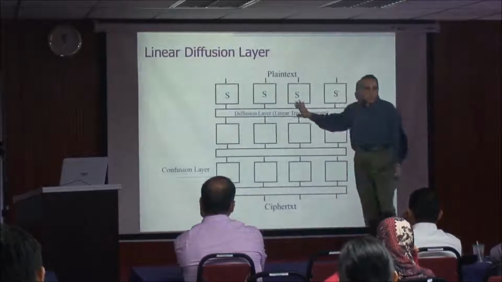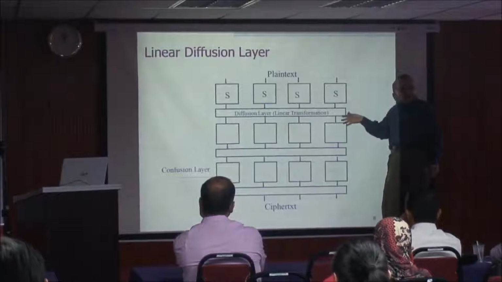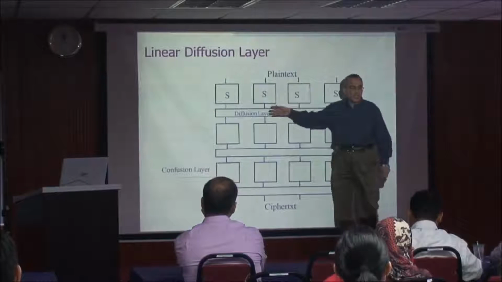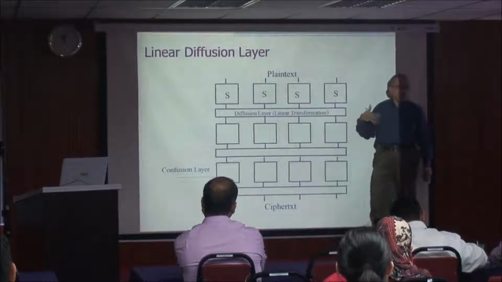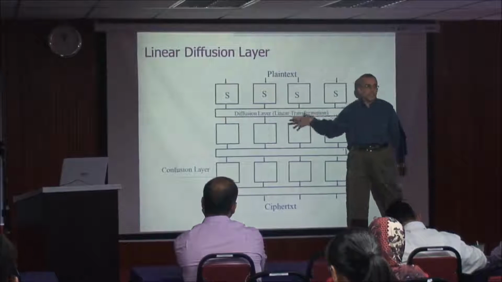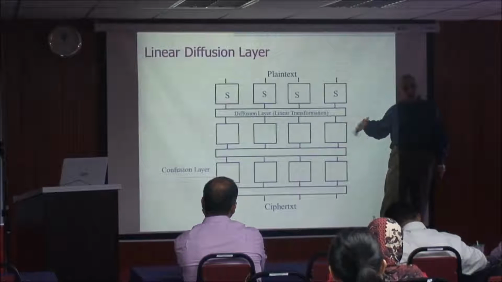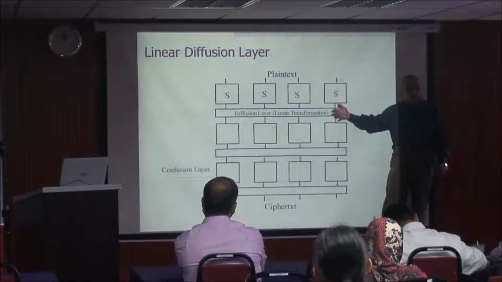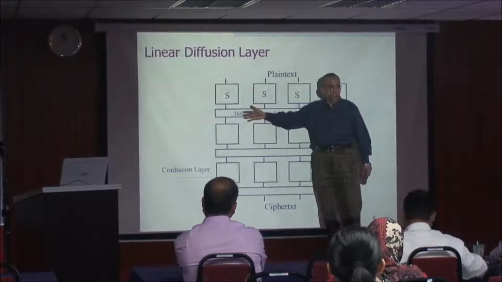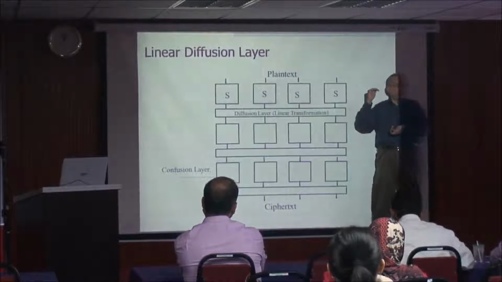Again, this one we still call SPN, but the main difference between the first structure and this one that I showed you is that in here, assuming that I have more computational power, instead of having just simple wire crossing, now I can perform a linear transformation operation. And some people use some theorems from coding theory to optimally design this linear transformation layer so that I can optimize the resistance of the cipher using a smaller number of rounds.